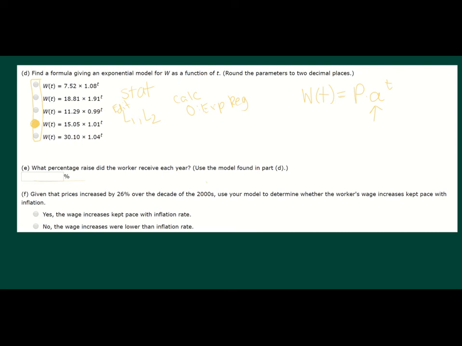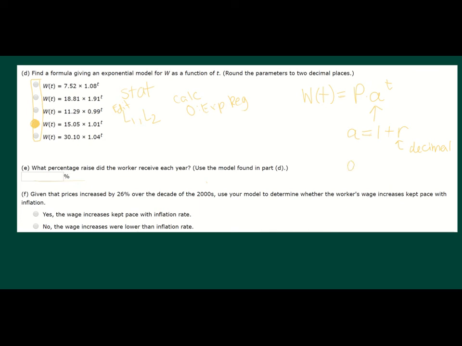But what we need to think about is, as a percentage, how much is our function value going up each year? That wage, how much is it going up by as a percentage? So what we need to do is say A is equal to 1 plus R, where R is the percent, but written as a decimal. All of this is coming from 4.2 if you need to go review this information.